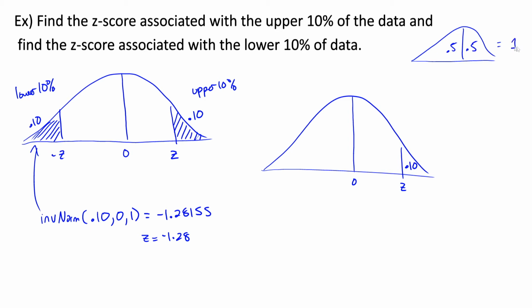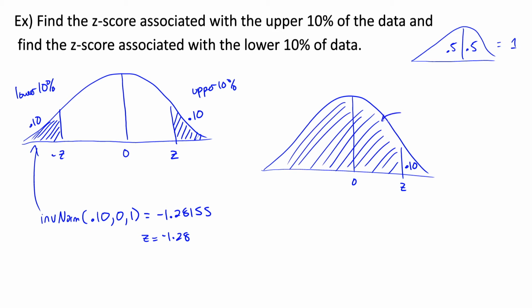We can also use the fact that the total area is 1 to figure out what this area to the left is. So everything over here is going to be equal to 1 minus 0.1, which is equal to 0.9. So to find this on the calculator, we would do inverse norm, 0.9, 0, 1, and we end up getting positive 1.28155, or z is equal to positive 1.28.